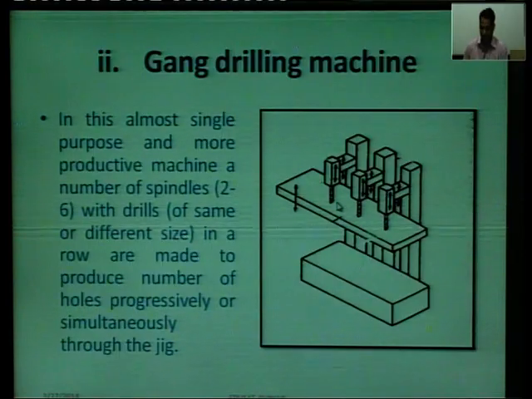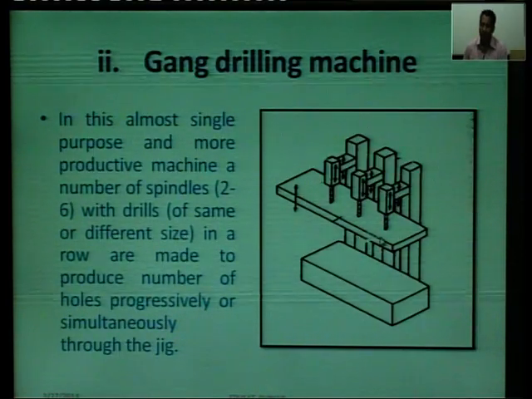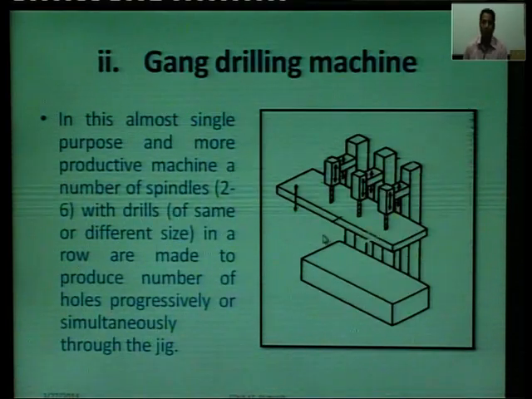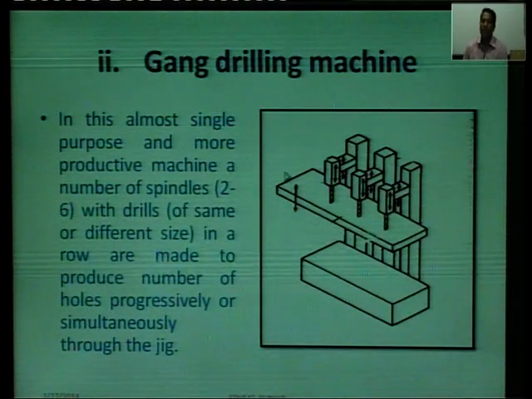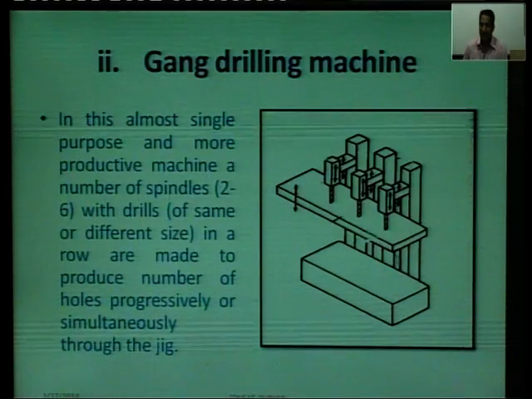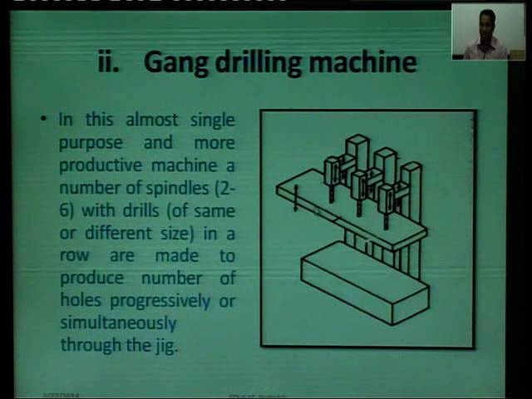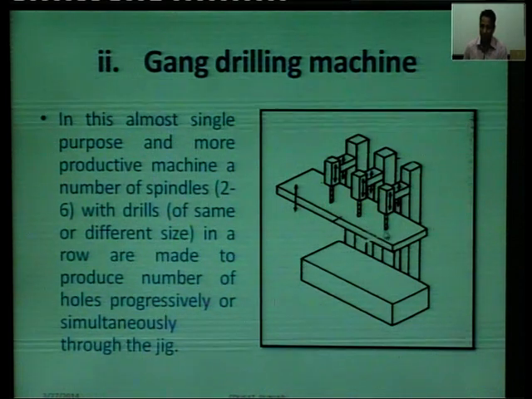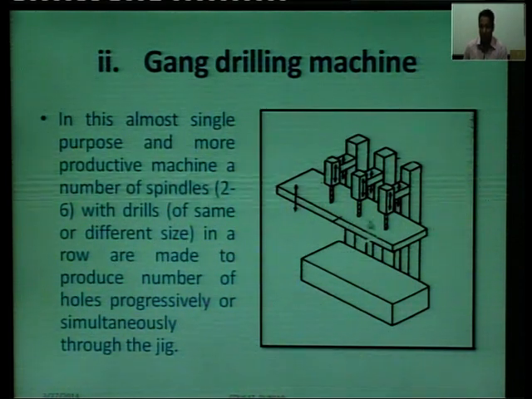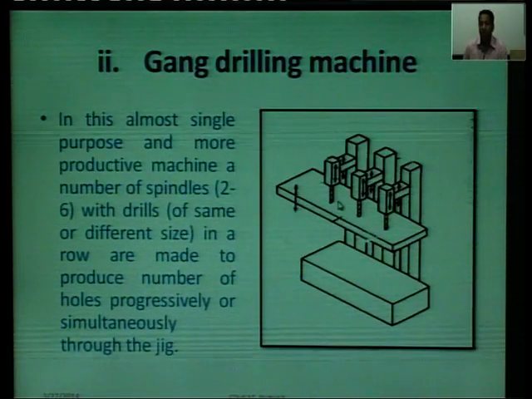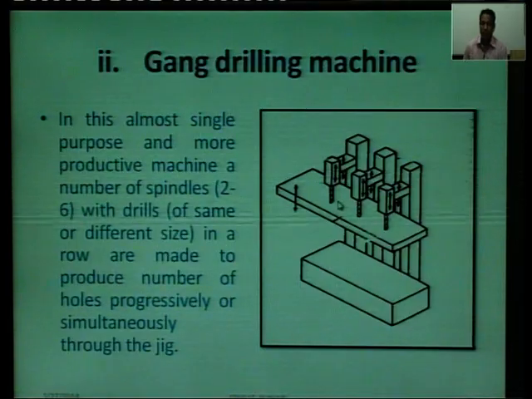As a result, we can produce a number of holes simultaneously at the same time, same point on a large, bigger size. Now you see this is a gang drilling machine. There are 3 drills on it and this is the table on which the workpiece is mounted. At the same time we can produce a number of holes in a workpiece.